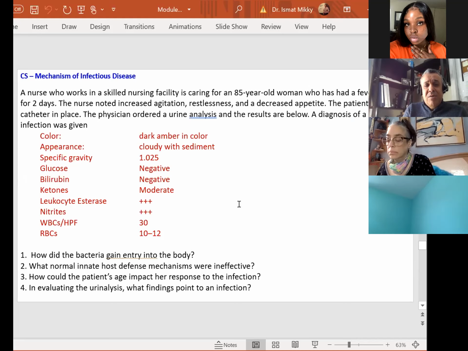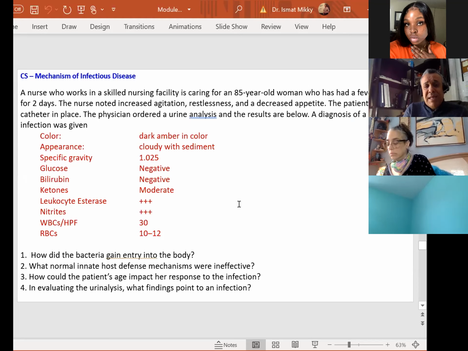Once you see in the urinalysis leukocyte esterase, which means there is bacteria, these are the resultant enzymes of the bacteria, and nitrites as well. When these are present and positive, one or two or three, that's an indication that there is bacteria and there is a UTI, urinary tract infection.